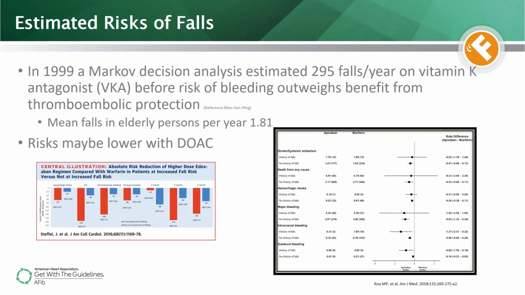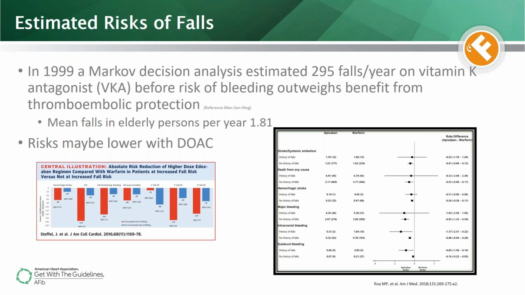But at this point in time, with a lot of alternative anticoagulation, DOAC, direct oral anticoagulation, that risk may be even lower. And from subgroup analysis of patients with a fall history in our large randomized trials, like ENGAGE AF-TIMI 48 and ARISTOTLE, they supported that the risk was low.